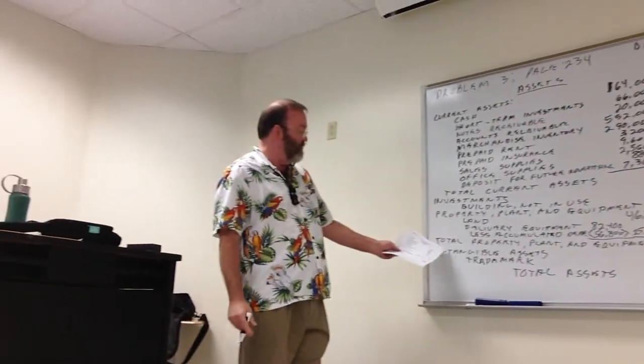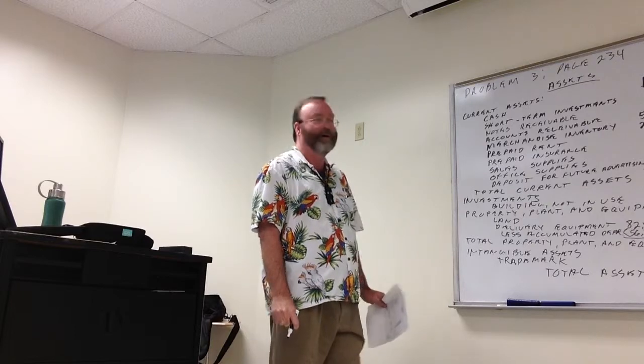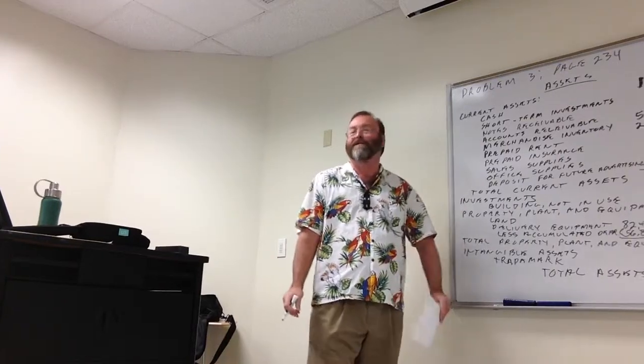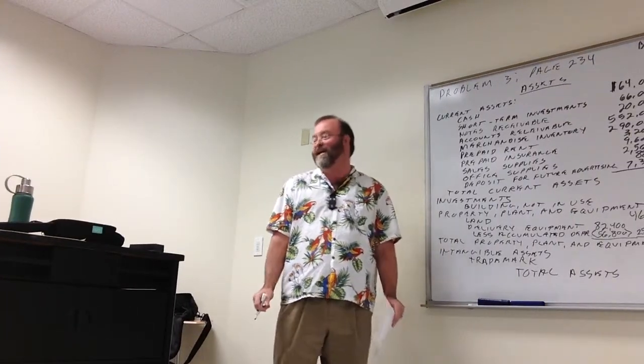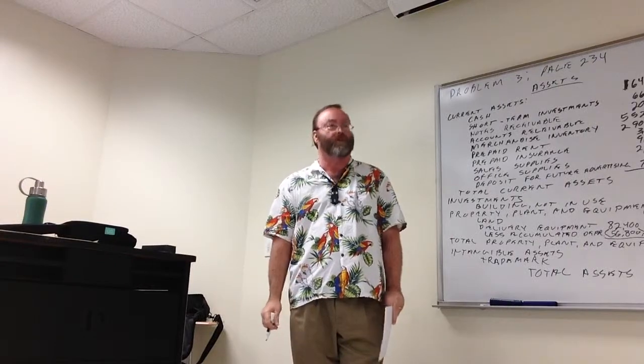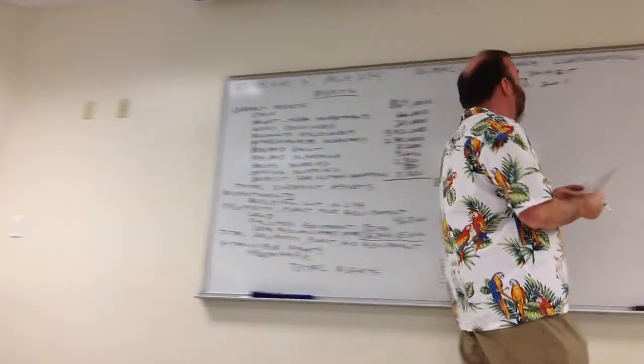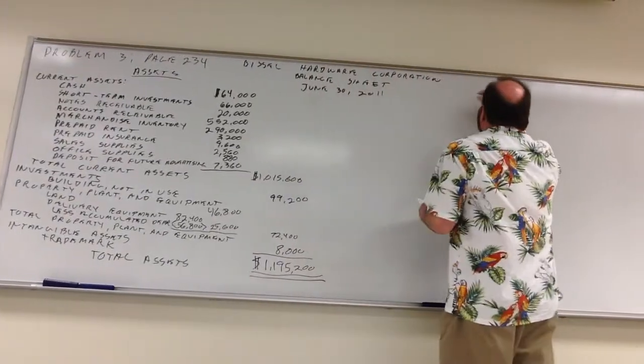Intangible, I know, my writing is just awful. Yeah, intangible assets. And those are the same four categories at all times? For purposes of this class, those would be at most the only four categories that we would use. All right?